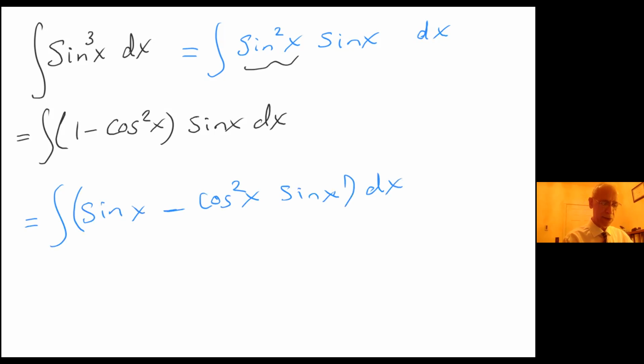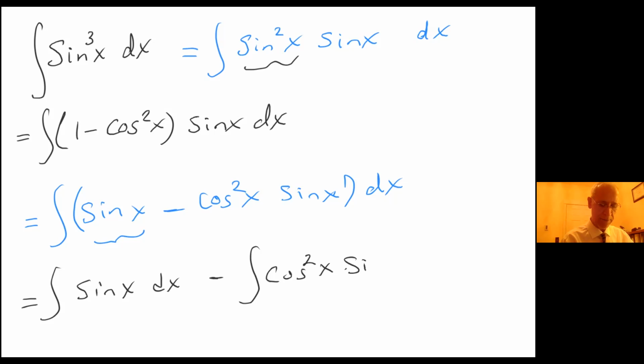Now notice that this first part is easy. So this equals the integral of sine of x dx minus the integral of cosine squared of x times sine of x dx.